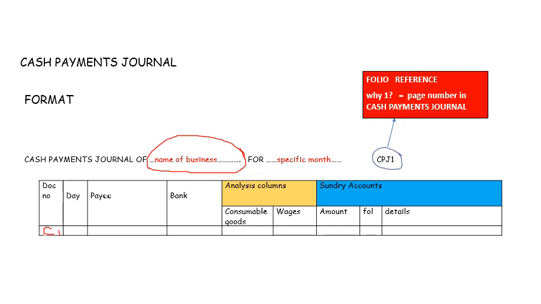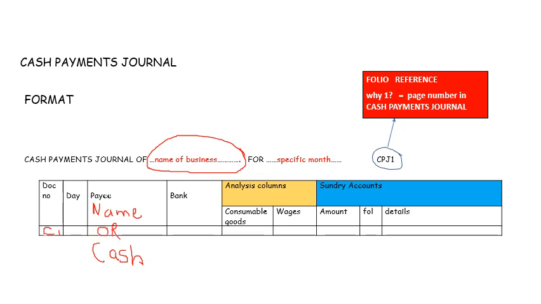The payee can only be the name of a person, the name of a business, or cash. You cannot have something like stationery in the payee column. So it's a name or cash.